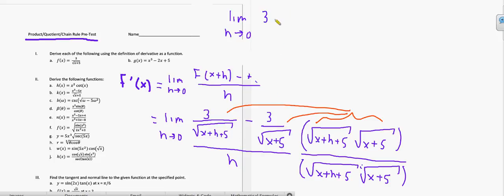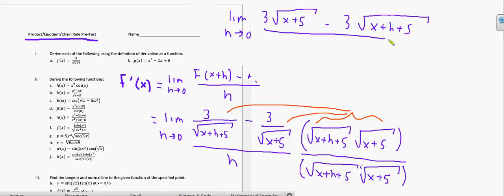So that's going to leave us with 3 square root x plus 5 minus 3 square root x plus h plus 5, and all that is going to be over h times the square root of x plus h plus 5 times the square root of x plus 5. So this looks pretty nasty at this point.